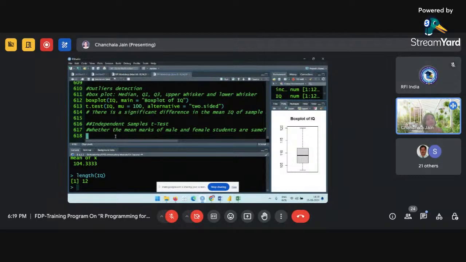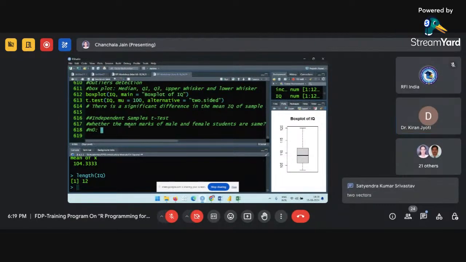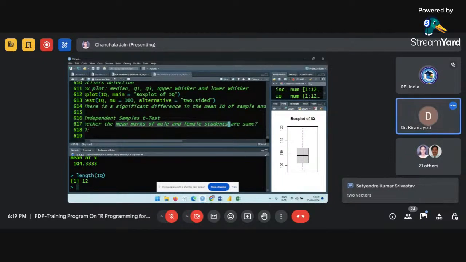So here in that case, how many vectors I need to create? 2. Very good. Which two, ma'am? One for male marks, one for female marks. Very correct.